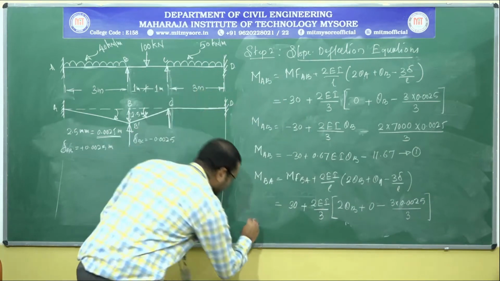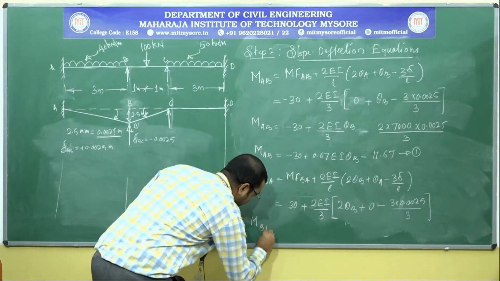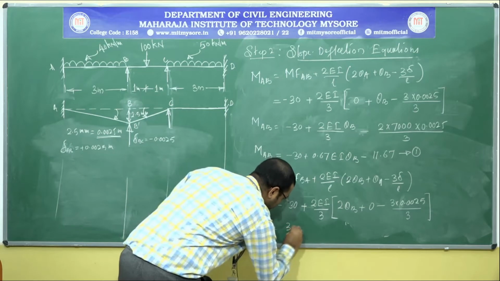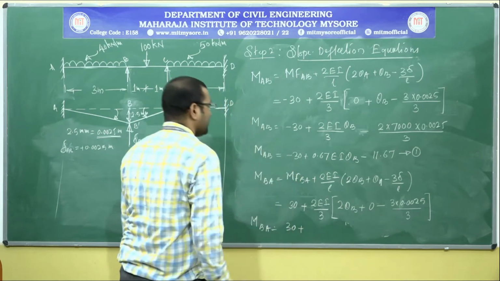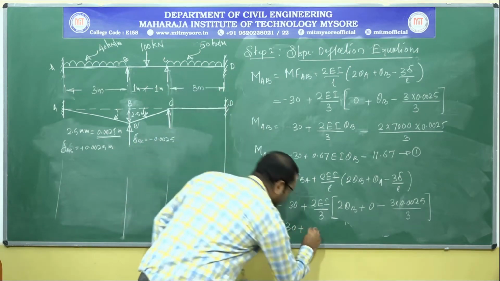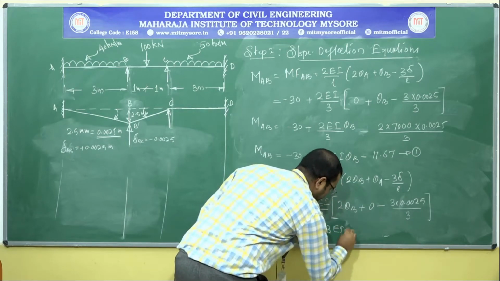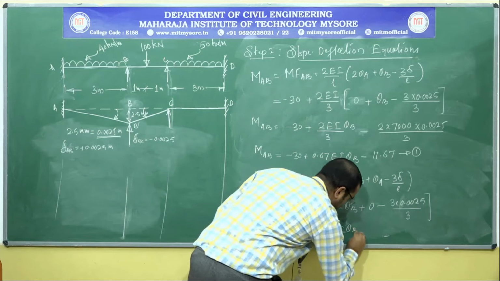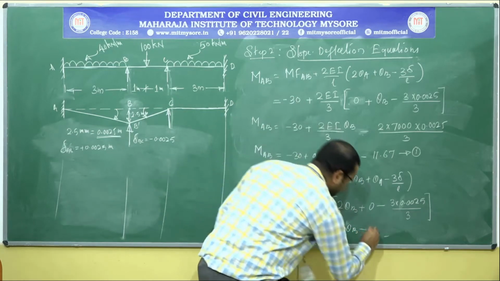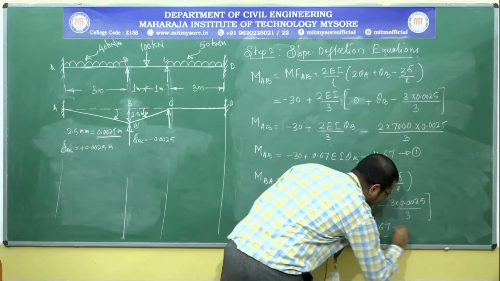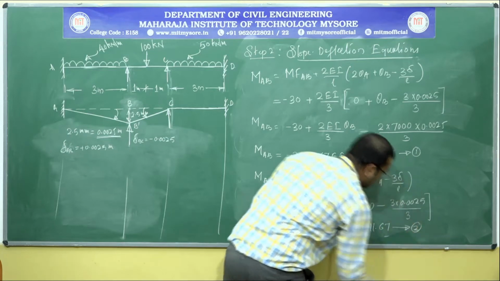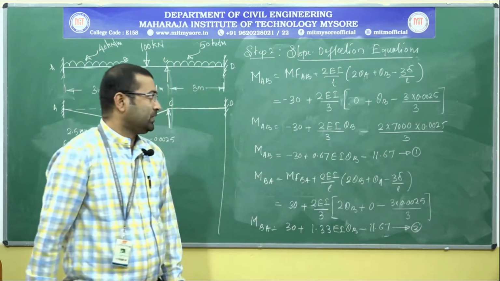So, this equation yields to MBA is equals to plus 30 plus 1.33 EI theta B minus 11.67. So, call this as equation number 2.